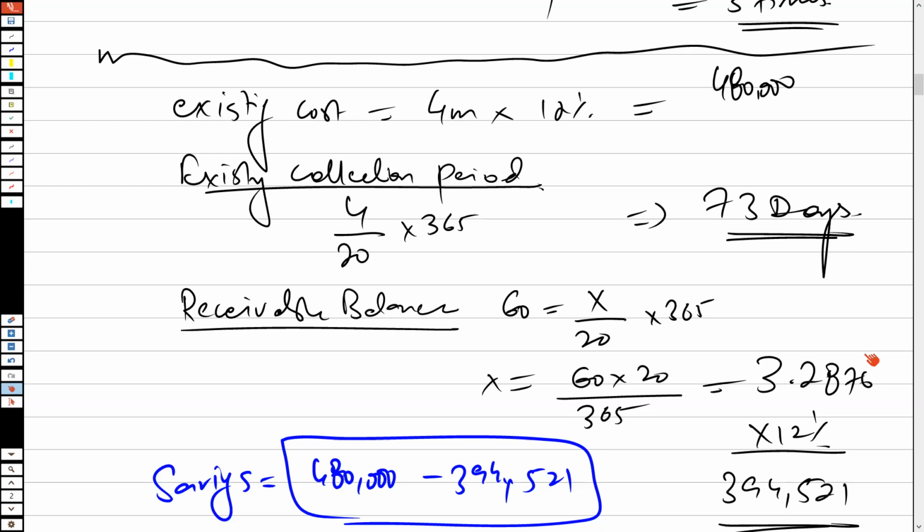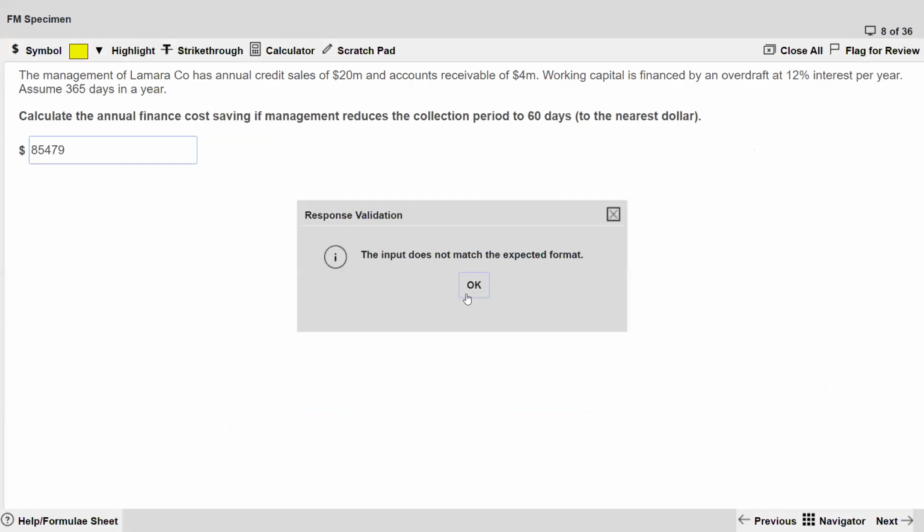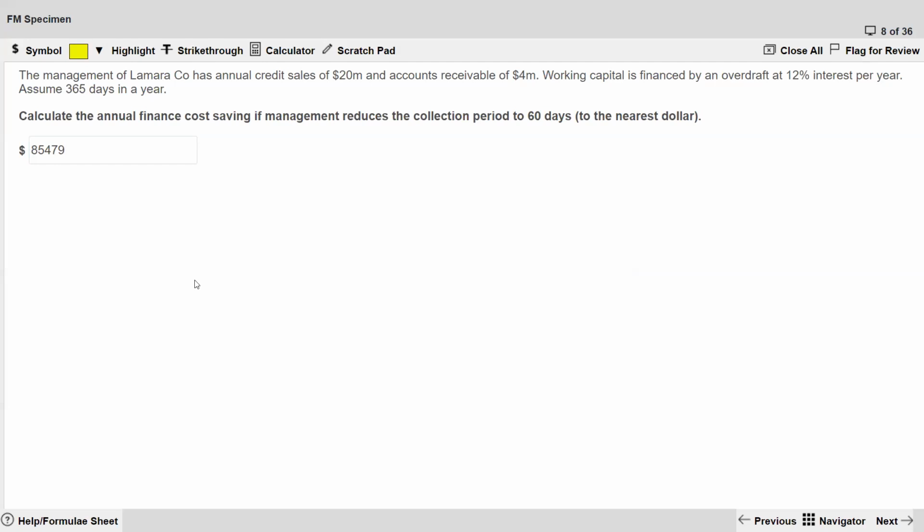Now, if this is 394,521, the savings are 85,479. Okay, it says input does not match.